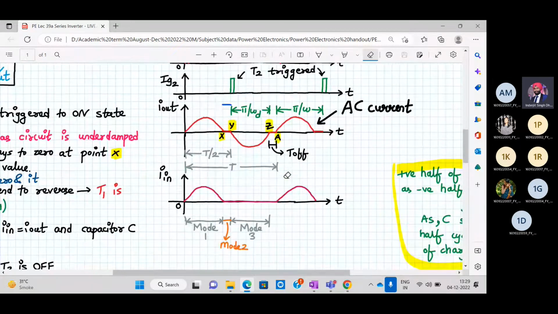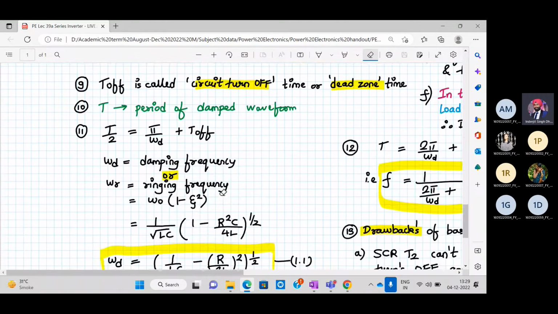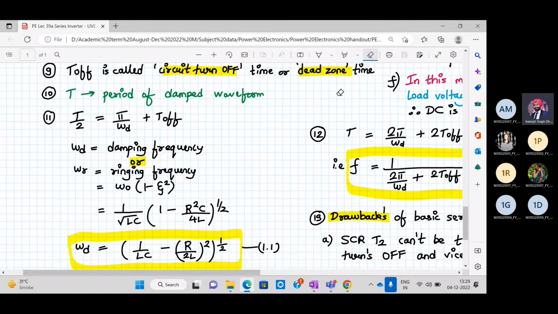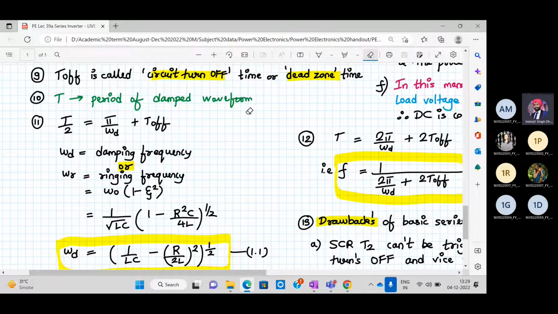From this waveform, this circuit will also lead to two numericals, which we have to solve today. So let's begin. Now, T off is included in T by 2. So T by 2 minus T off, I will show it to you over here. T off is called the circuit turn-off time or dead zone time. So please write these equations now. T is called the period of the damped waveform.